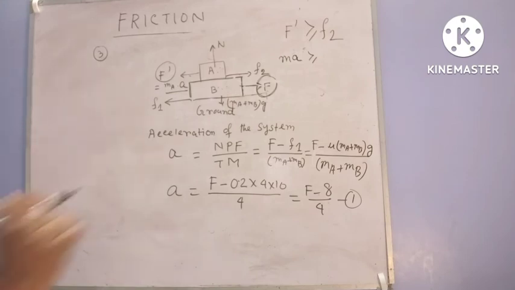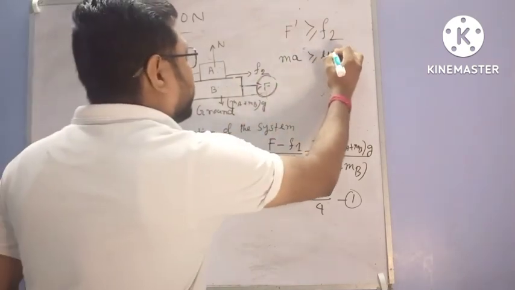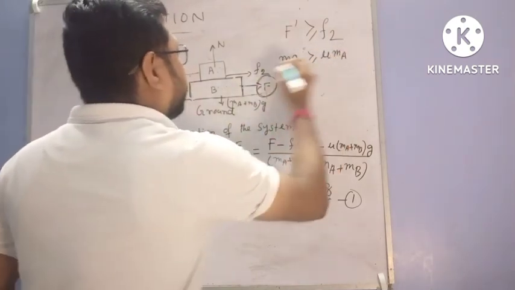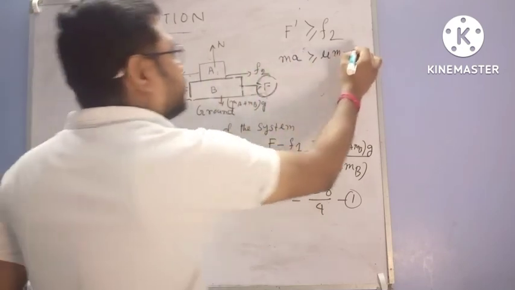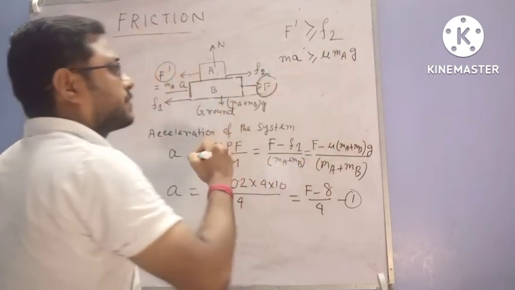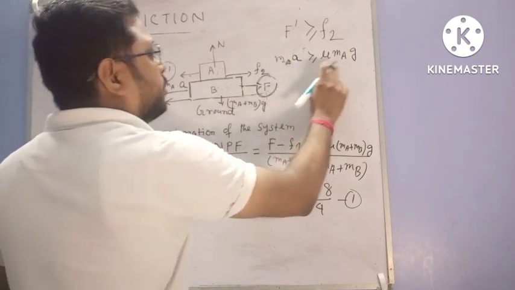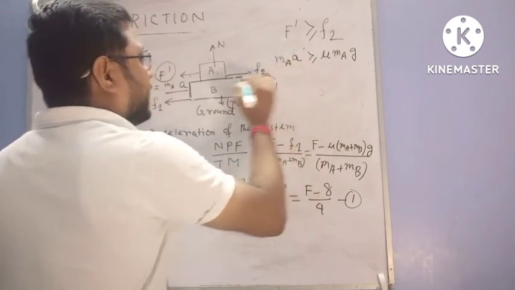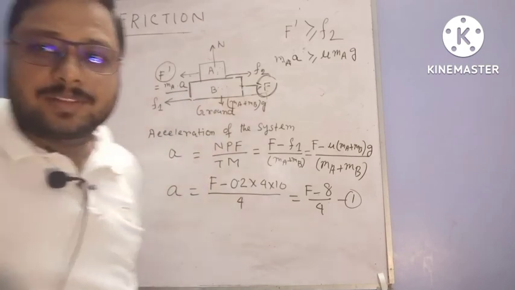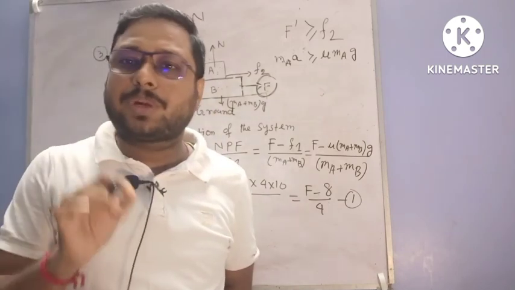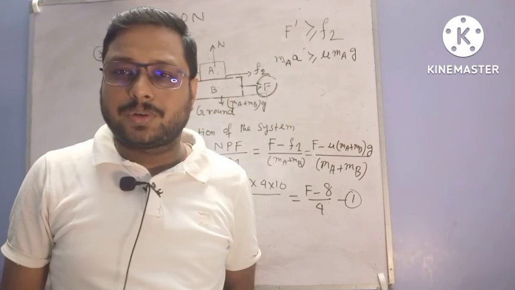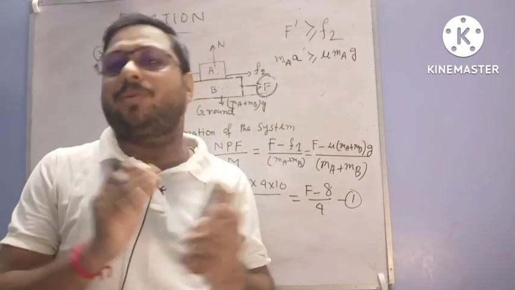What is the value of F2? Here friction is only on A, mu MA into g, so MA into A equal to mu MA g. But here we do not want A to slide, so limiting friction occurs.